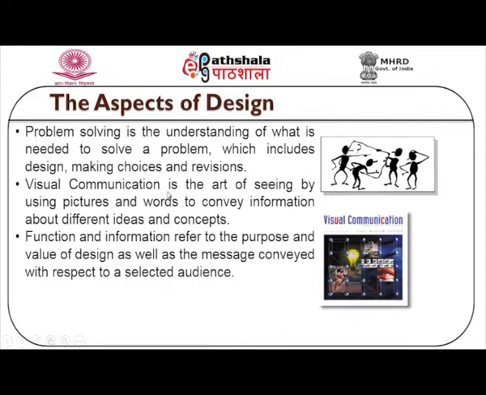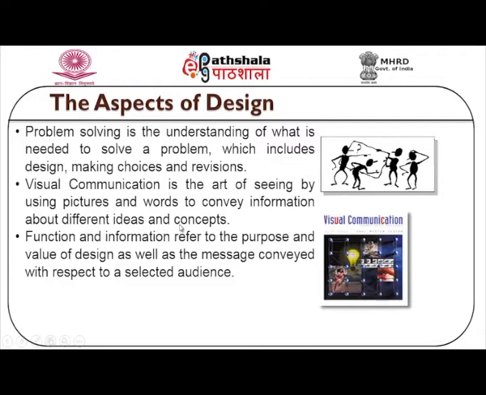If you look at the design aspect, they say that problem solving is the understanding of what is needed to solve a problem, which includes design and making choices and revisions. So when I try to design certain things, I need to make choices and I need to revise it many times. What is visual communication?